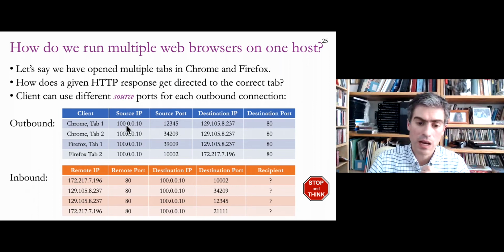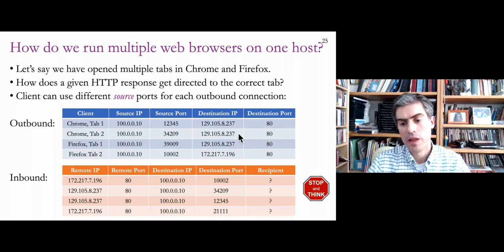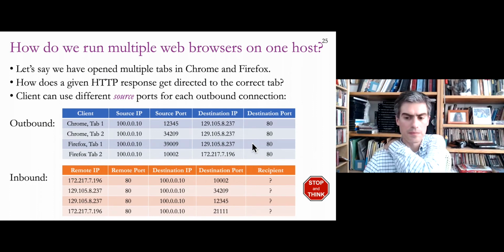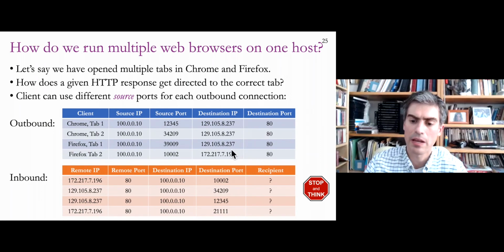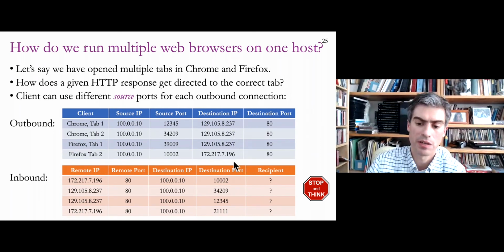So this combination specifies the origin of the data for this connection and the other connections, and these are all different port numbers. The destination could be the same or different depending on whether you're visiting the same website or a different website.